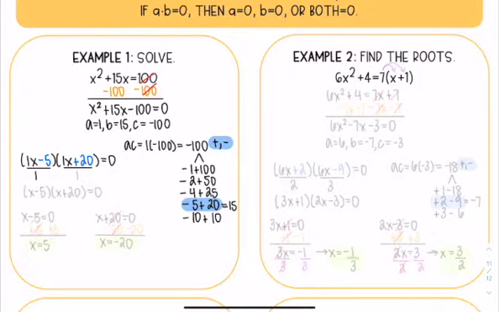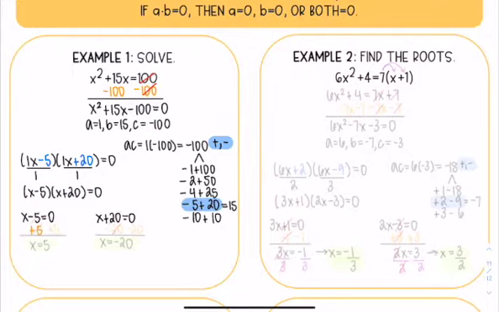And so in either case it's a 1. So we have x minus 5 times x plus 20 equals 0. We want to set each of these binomials equal to 0. So x minus 5 equals 0 and x plus 20 equals 0. And we'll solve these individually.